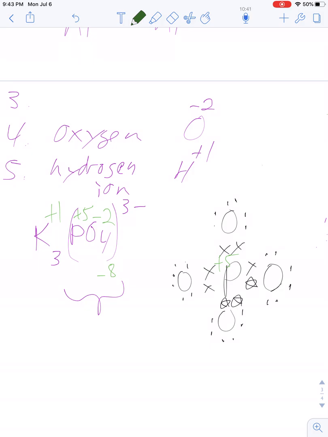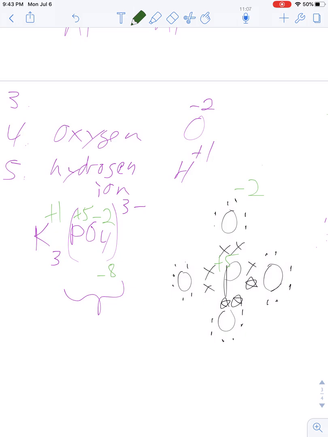It means that the phosphorus is behaving as if it's got a +5 charge. And the oxygen with a -2 oxidation is behaving as if it had a -2 charge, but it doesn't really have a -2 charge on it.